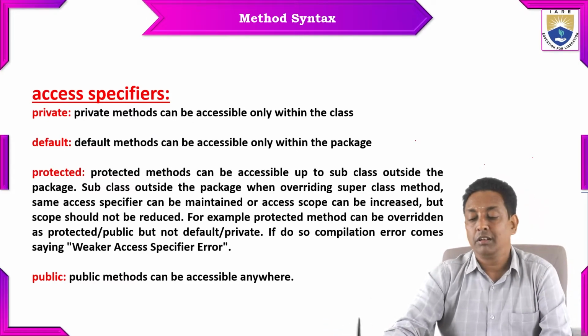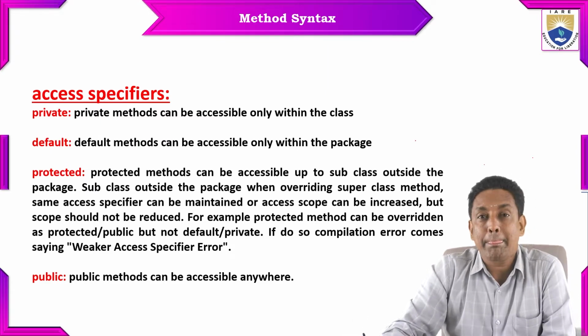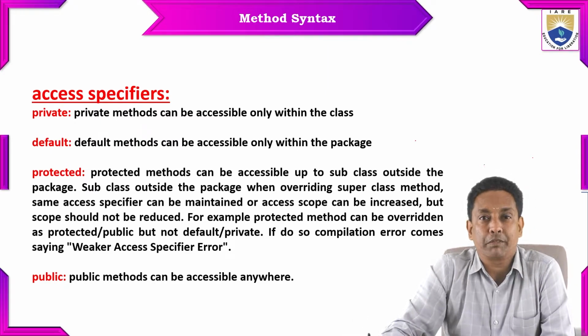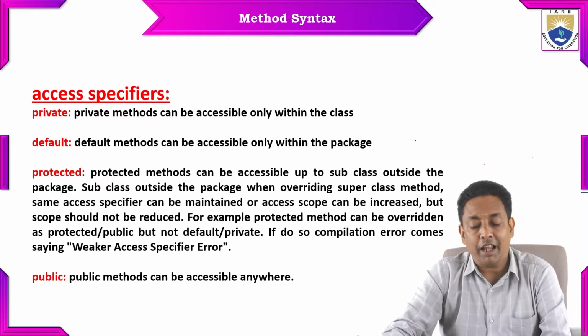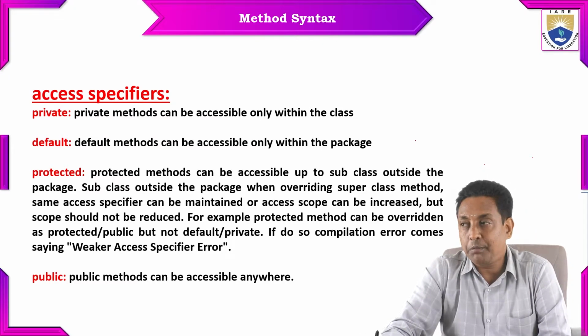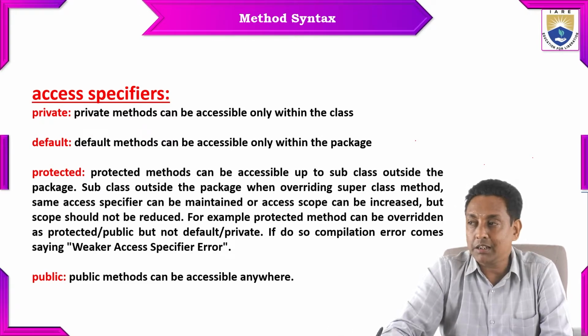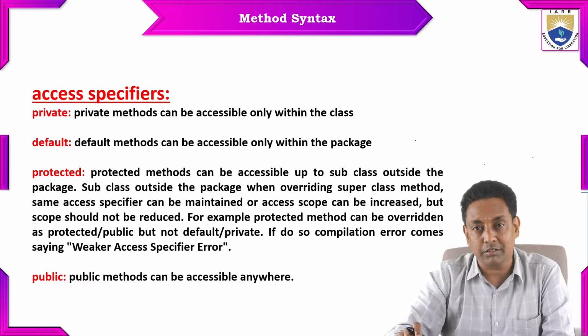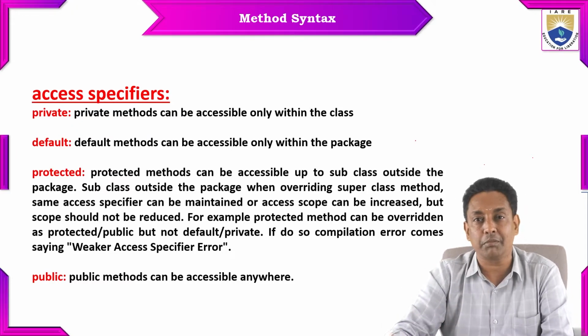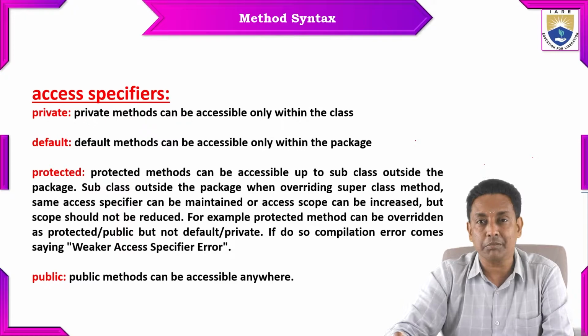Now coming to the protected method. I saw a couple of examples in Java where a class provides a protected method, and when we derive from that class, we must implement or override that method.